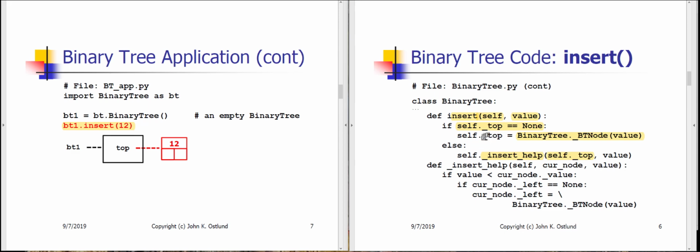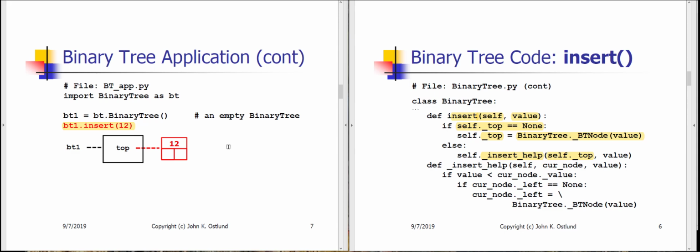We're modifying underscore top to refer to that newly allocated node, and we're done. Okay, so we've inserted the topmost value into the tree. Now our tree has one value in it rather than no values as it originally did.